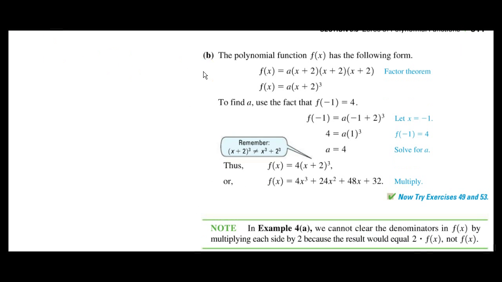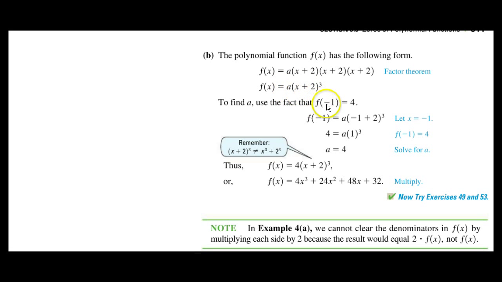So with the multiplicity of 3, that means our factor, where our 0 was a -2, here it becomes a +2, and we have that 3 times. And it's then this to the 3rd power, and we still need to find out what a is.